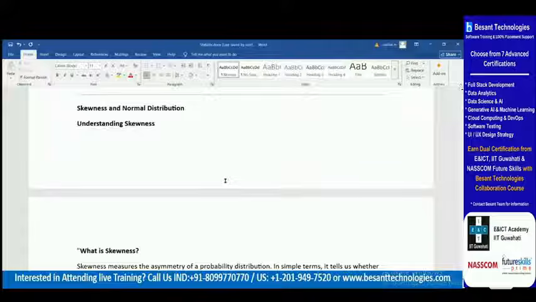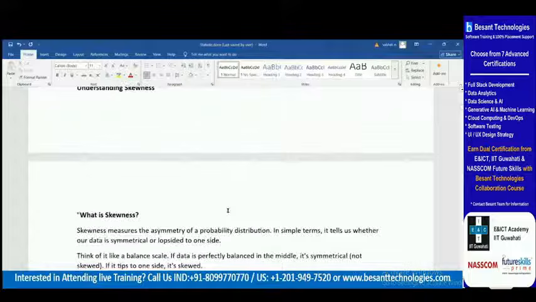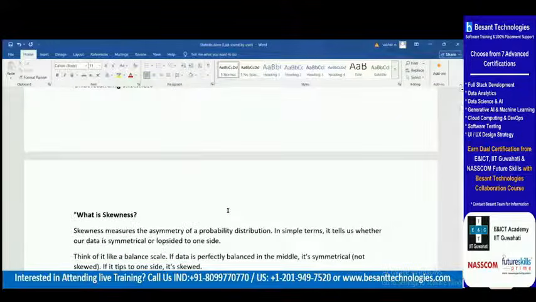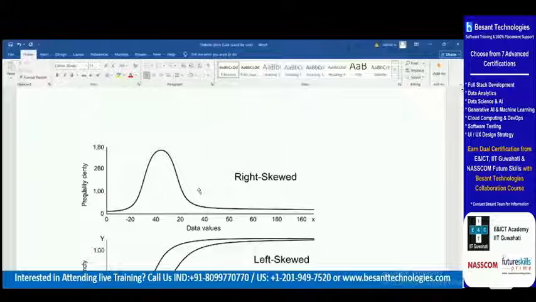Okay, so till last class we were seeing about mean, median, mode. Today we shall start with skewness and normal distribution. Firstly, what is skewness: suppose consider your data is going to be like biased data. Did I complete skewness?